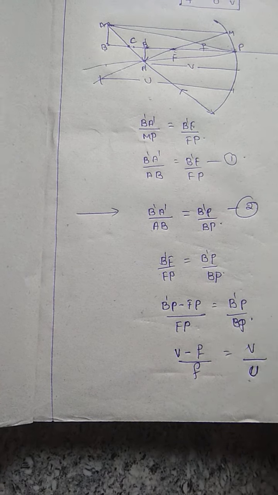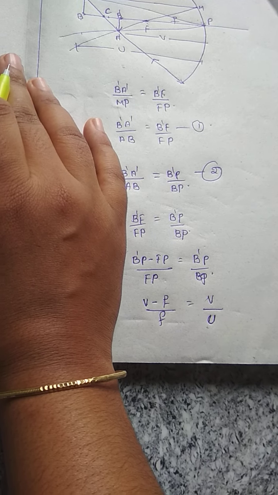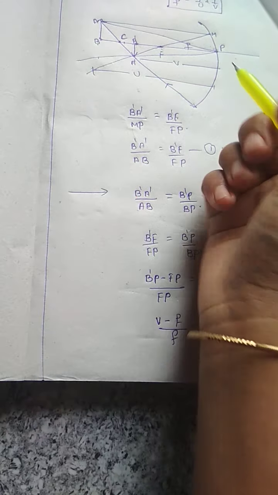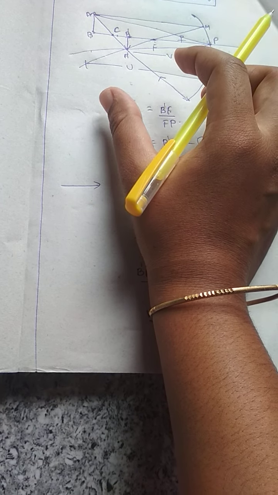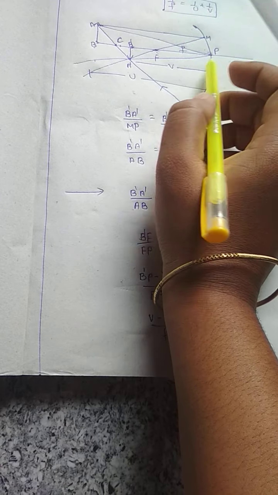Now we have to change the sign convention. Already I told you the Cartesian sign conventions. If we want to measure the distance, all the distances have to be measured from the pole.